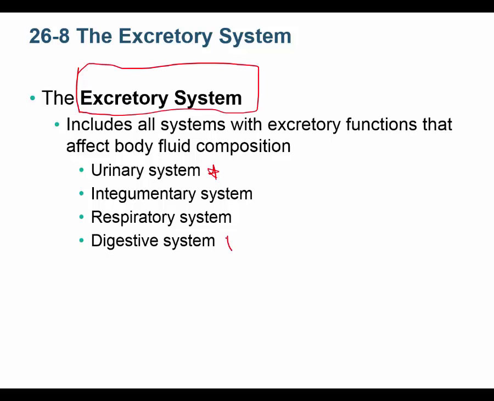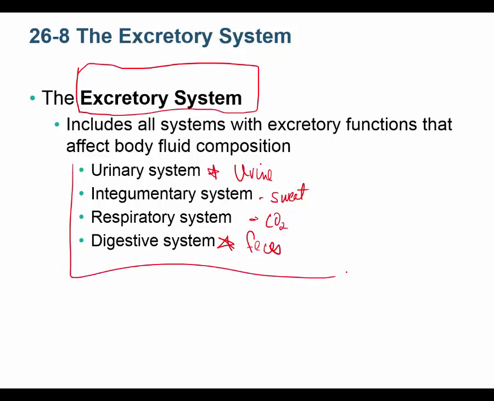We'd talk about the digestive system, because we excrete feces. With the urinary system, we excrete urine. But our integumentary system and respiratory system are also involved, because in our sweat we sweat out some of these waste products that we've talked about in the urinary system. In our respiratory system, we breathe out CO2, which removes acids from our body. So we can talk about all of these as being part of this excretory system, which is functional.